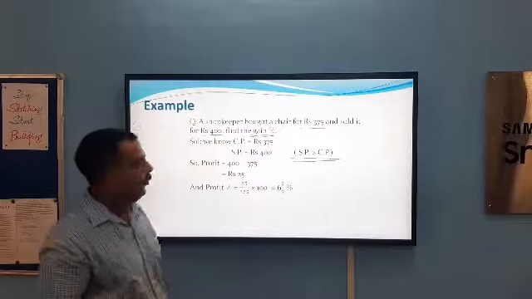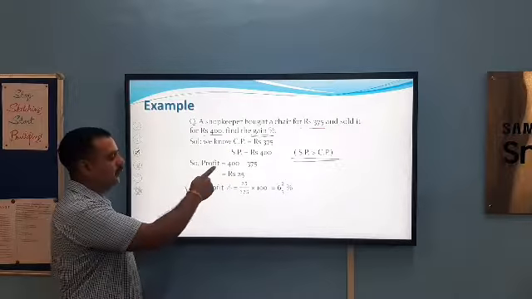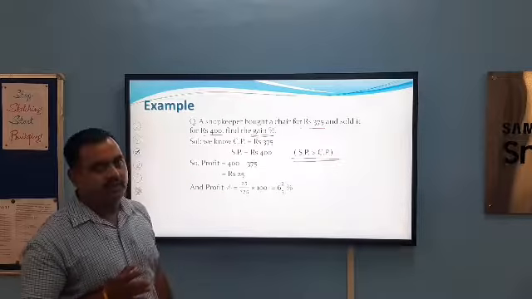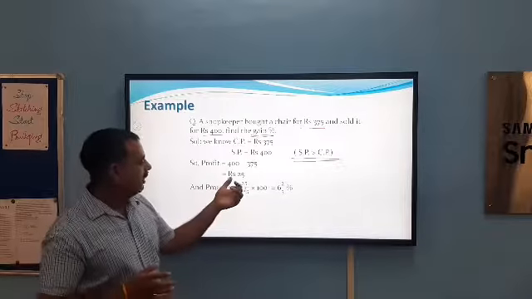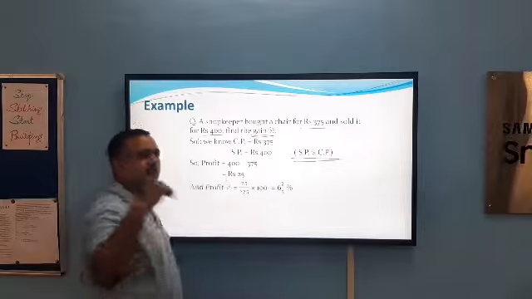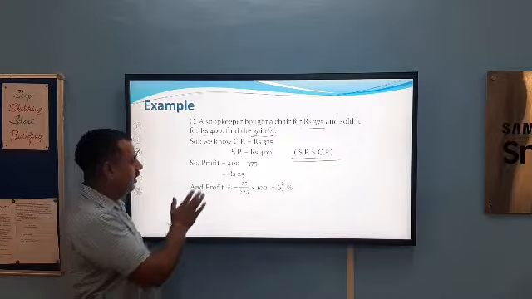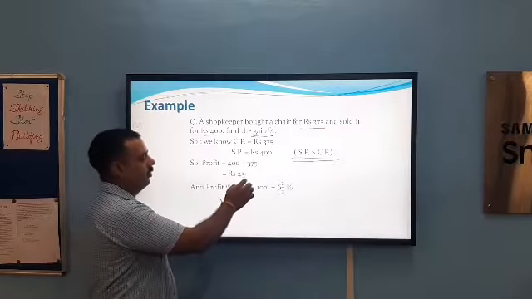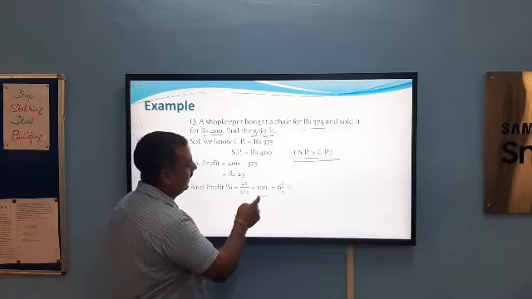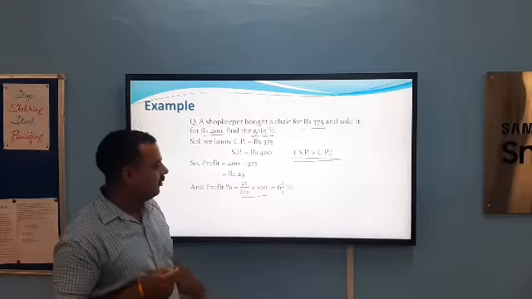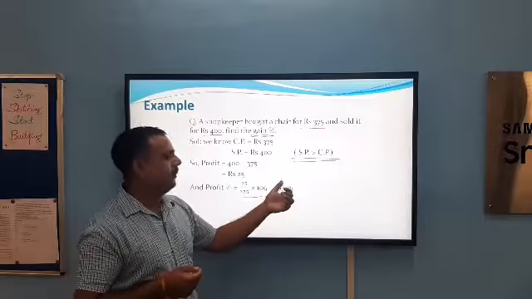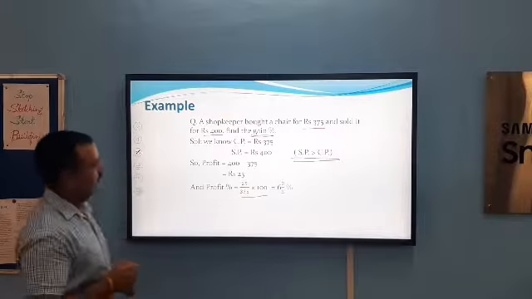So here profit occurs. So profit is equal to 400 minus 375 is equal to 25, and we have to find gain percent, that is profit percent. So profit percent is equal to 25 upon 375 multiplied by 100, which becomes a fractional profit percent, 6 complete 2 by 3%.